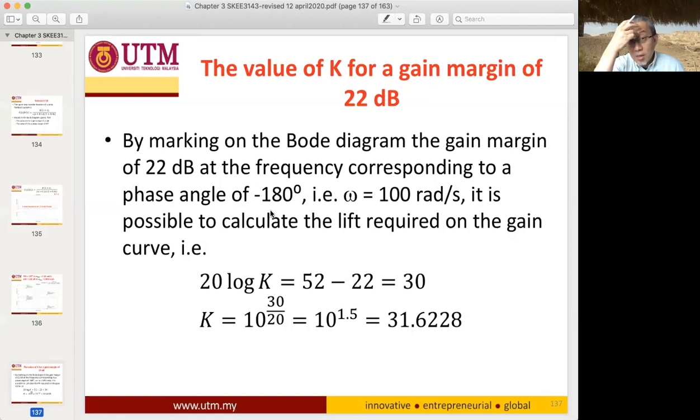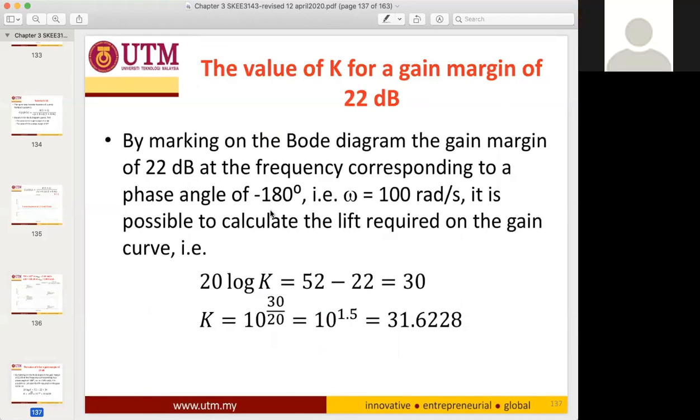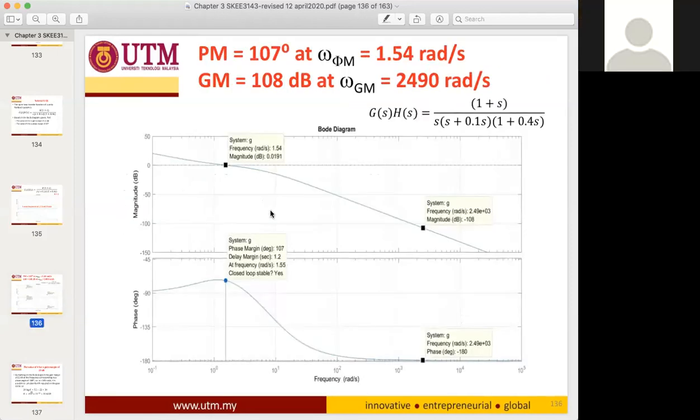So what is the gain at 100 radian per second? What is the gain margin? 100 radian per second dekat Bode diagram ni. 100 di sini.